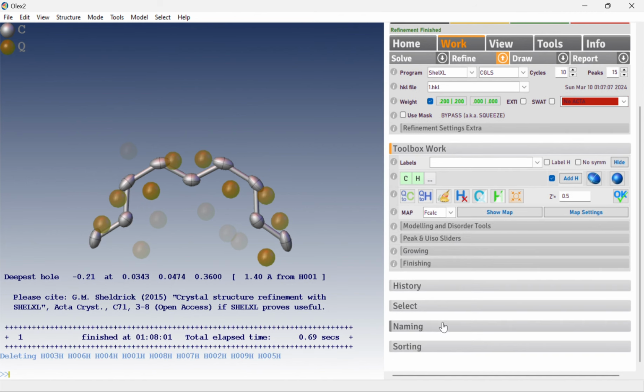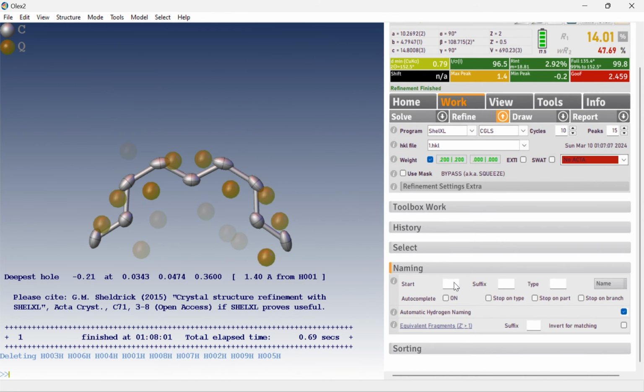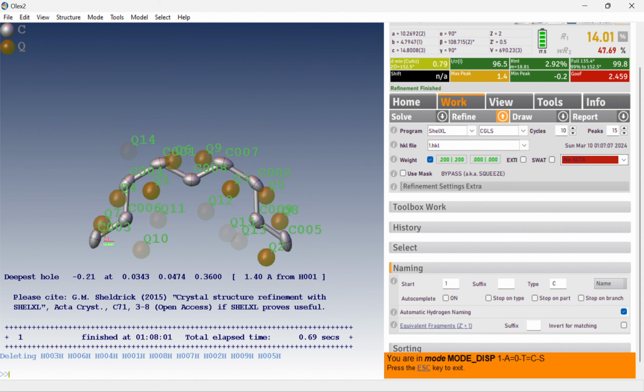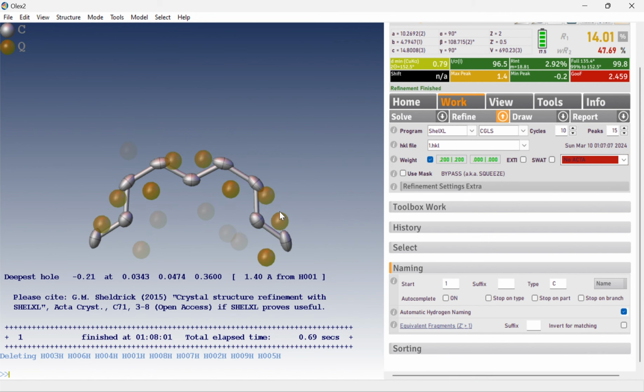And also when we play with disorder, it's always a good idea to name atoms properly. So I'm going to name them 1, 2, 3, 4, 5, 6, 7, 8, and 9. Great. Naming always helps to navigate through the ins file.